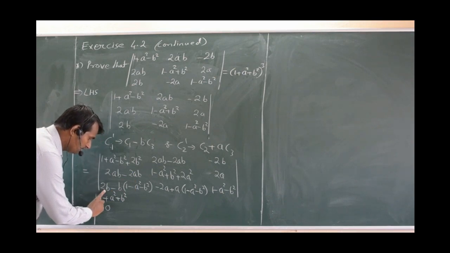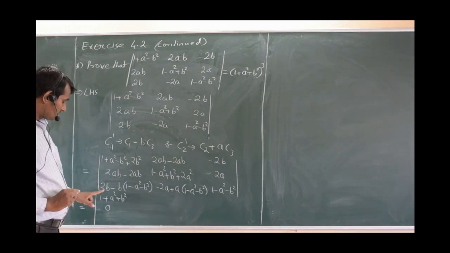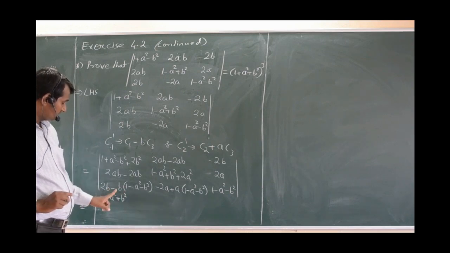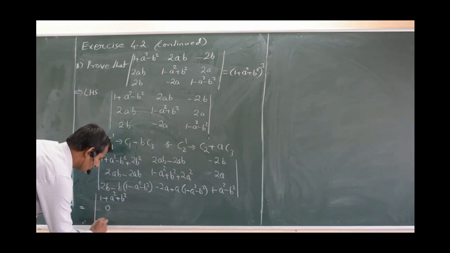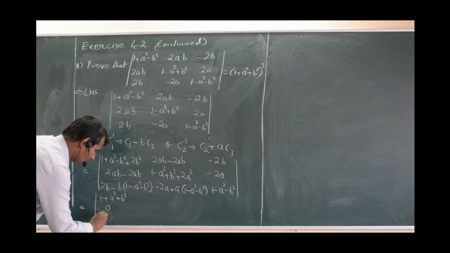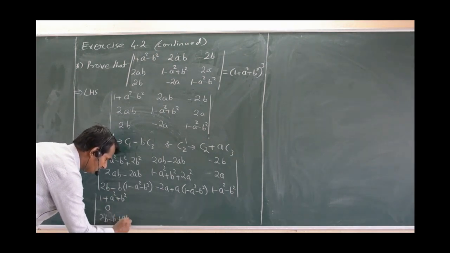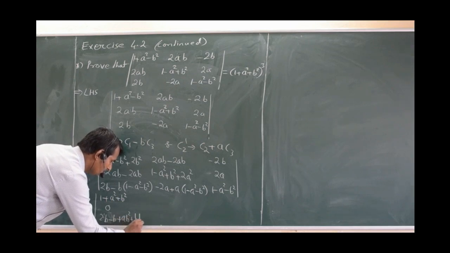Then 2b minus b into the whole thing. B into the whole thing means 2ab minus b into 1. That means I get here minus b into the remaining part, that is 2b minus b plus a into b square plus b into b square.